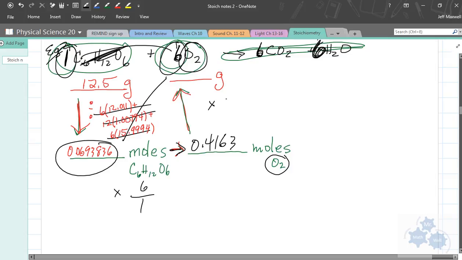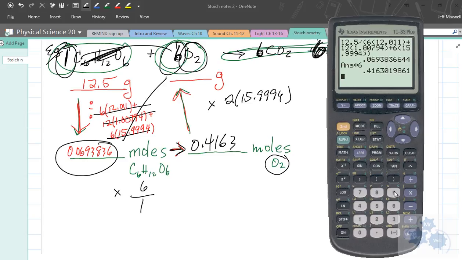So O2 is 2 times 15.9994. So times 2 times 15.9994. So we've got 13.32. Does that look about right?